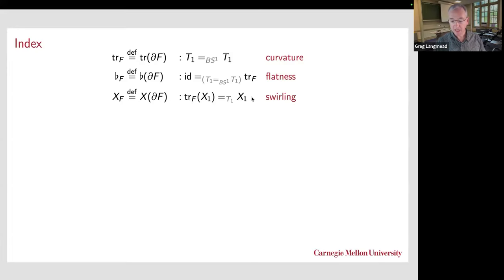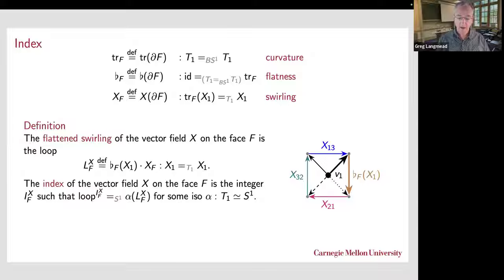And there's a symmetry we can see here that flatness, if we were to plug x1 into flatness to ask what it does to that particular tangent vector, we would see a path in the opposite direction from this path. So we're going to make use of that, and we'll call that the flattened swirling. So the flattened swirling is flatness on x1, which is now a path from x1 to its transport, padded with the swirling, which goes back the other way.